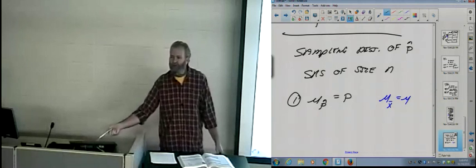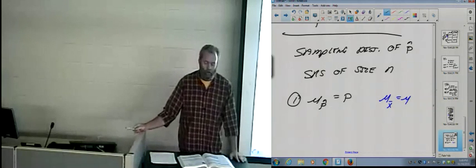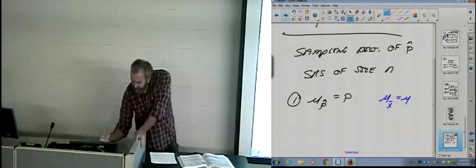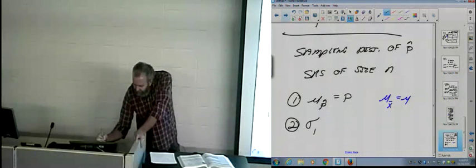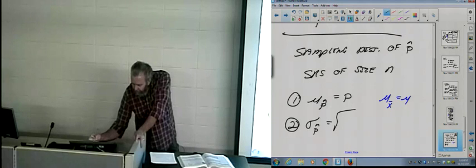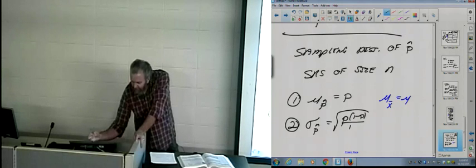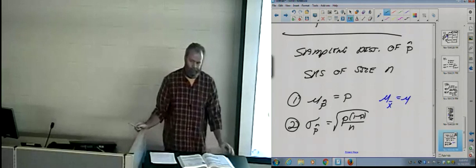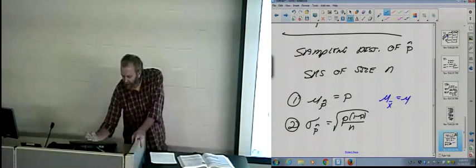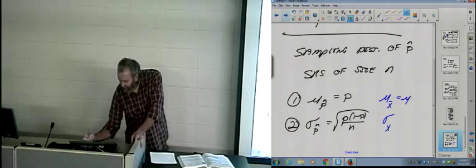That's the sampling distribution of x bar on the right there in blue. I also know this, that the standard deviation of p hat is the square root of p times 1 minus p over n. What I told you before was the standard deviation of x bar is sigma over the square root of n.